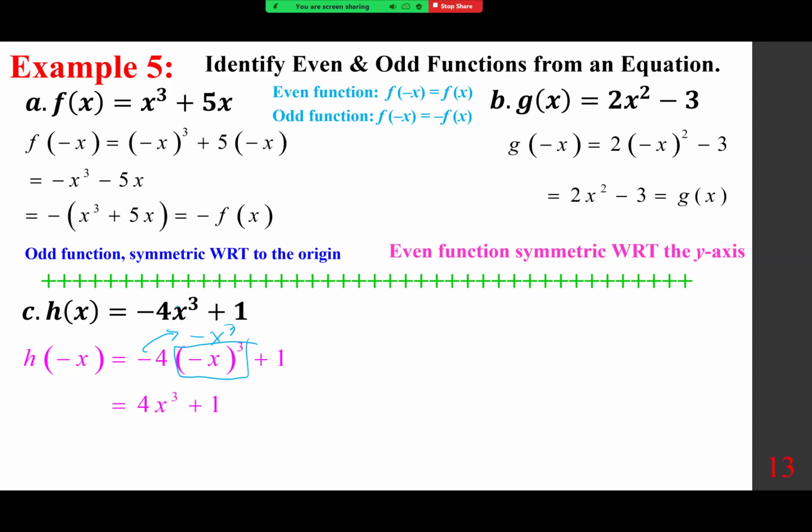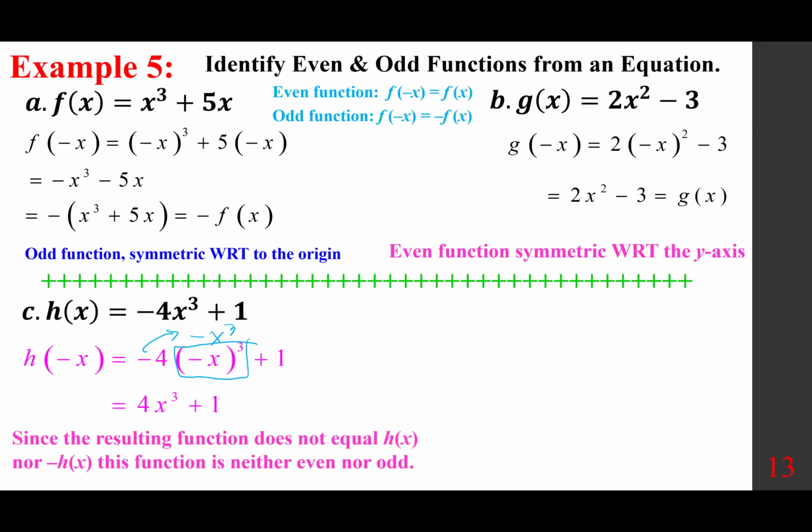This is not equal to h of x. This is not equal to negative h of x. So therefore, it's neither. Since the resulting function does not equal h of x nor minus h of x, this function is neither even nor odd.